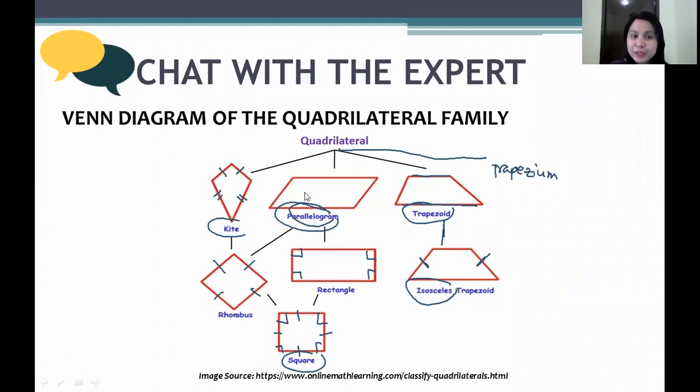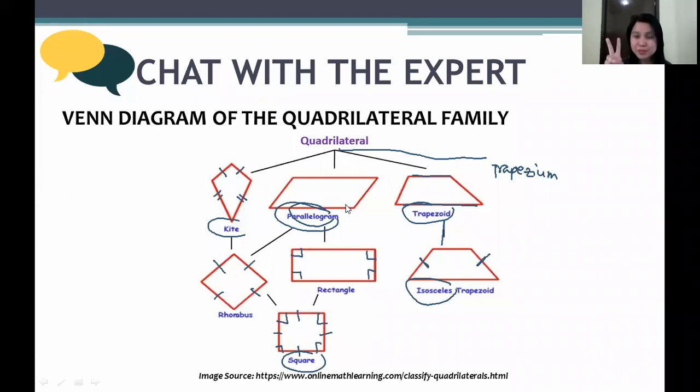A parallelogram is a quadrilateral. Is it always true, sometimes true, or never true? Very good. It's always true, right? A parallelogram is always a quadrilateral.